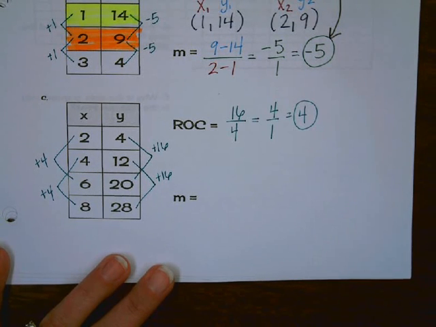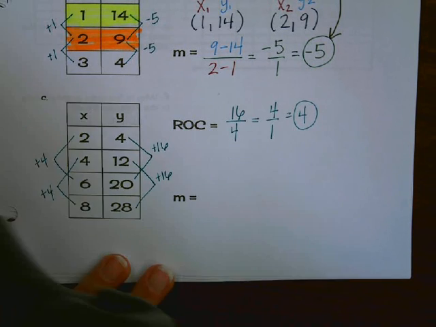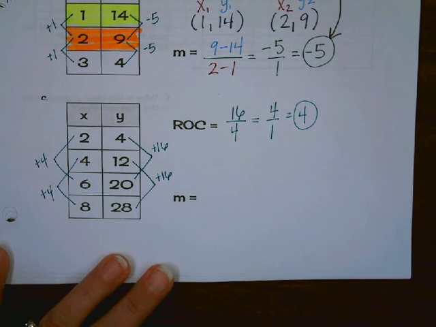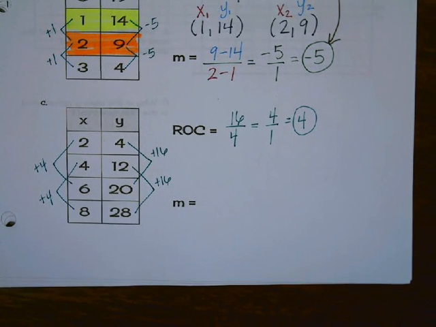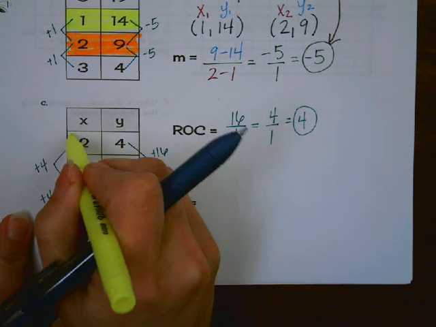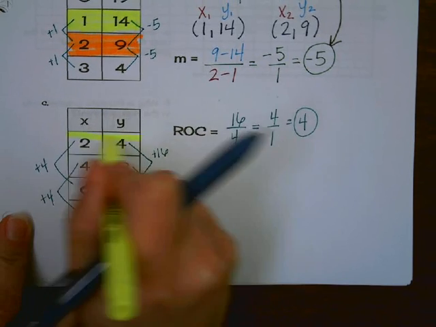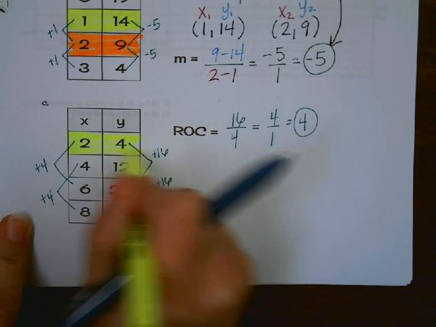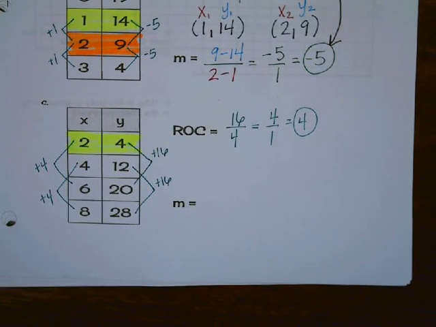So now it's time to find those slopes. So I'm going to go ahead and use the points. I will use my first point. And I'll use my third point this time.